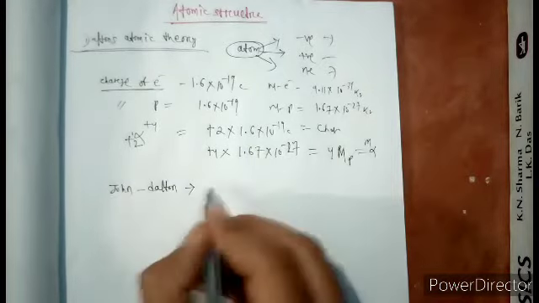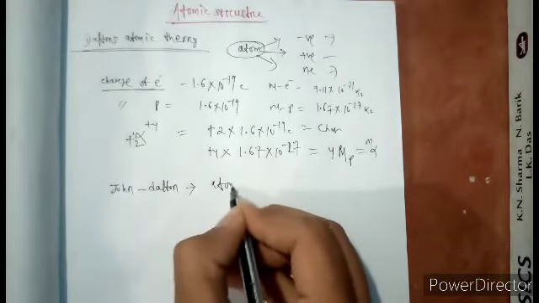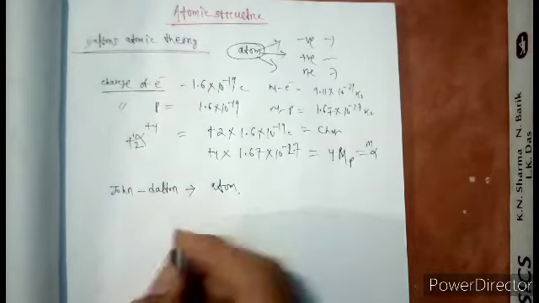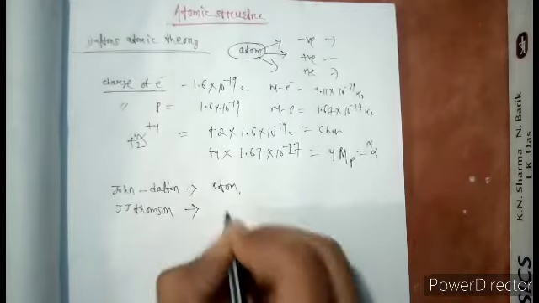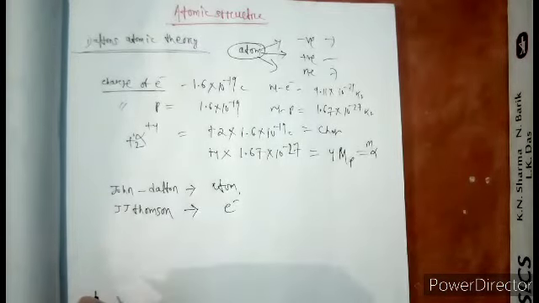Okay, John Dalton was the discoverer of the atom. Then J.J. Thomson was the discoverer of the electron.